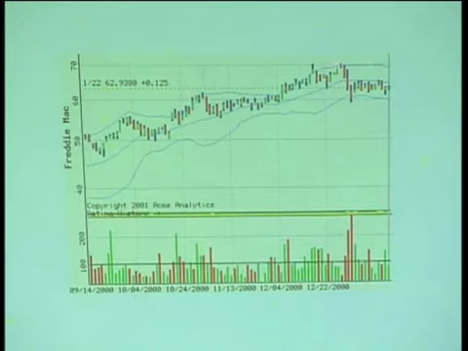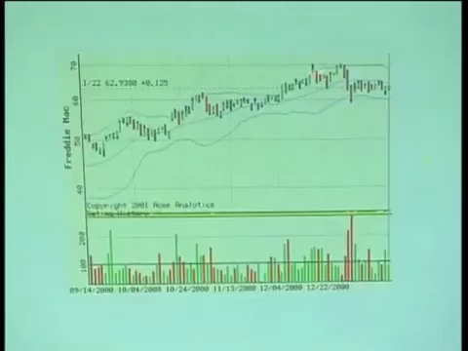Then when we get over here, make a peak in Freddie Mac, immediately you start to get large red volume bars. Start telling you that the momentum, the trend is changing. It's shifting from a very positive period in here to what is going to be a negative period or a neutral period in here. It tells you about change in trend.